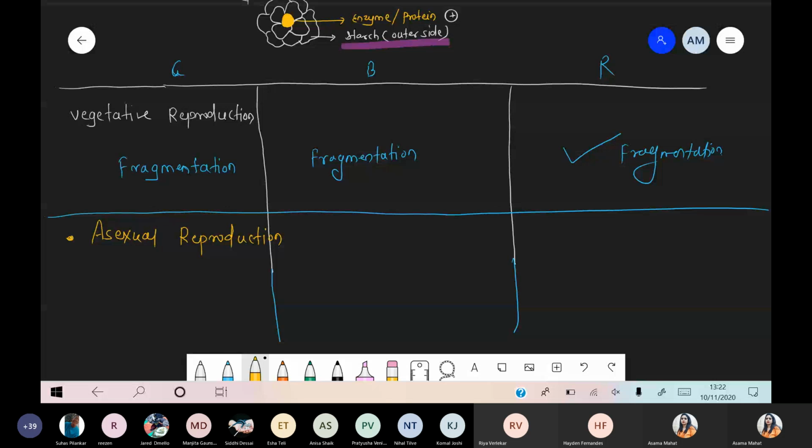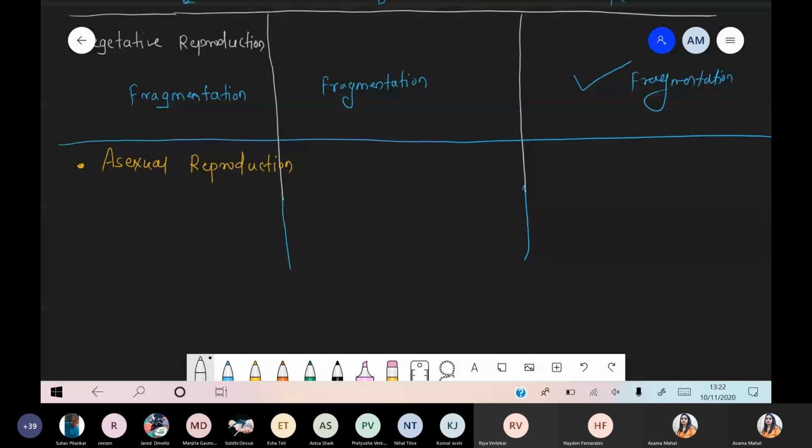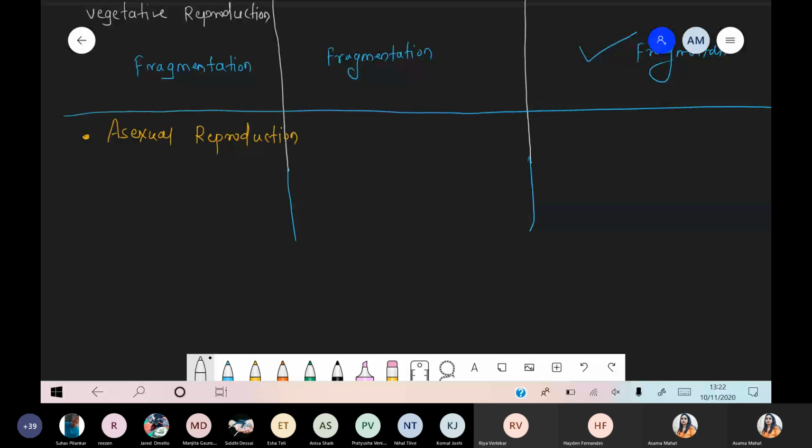And you know very well, whenever we talk about the zoospore, it is also called the motile spore. Zoospore, or simply the motile spore, is present. Got it?